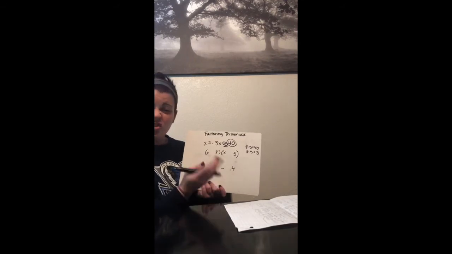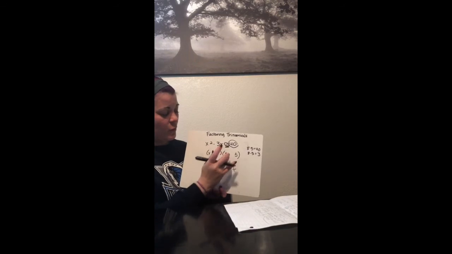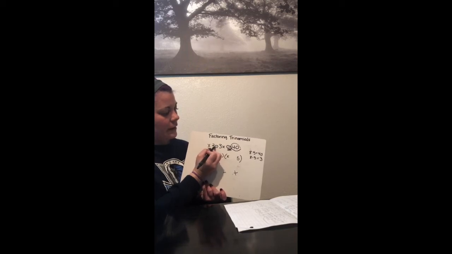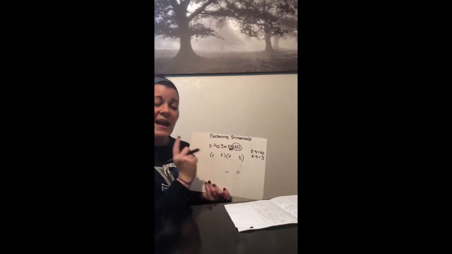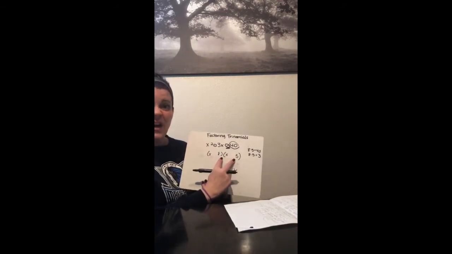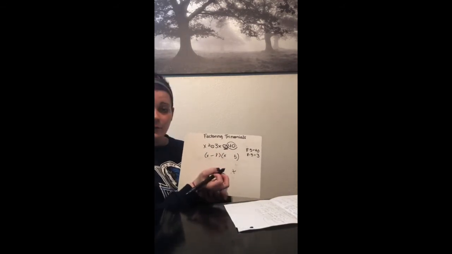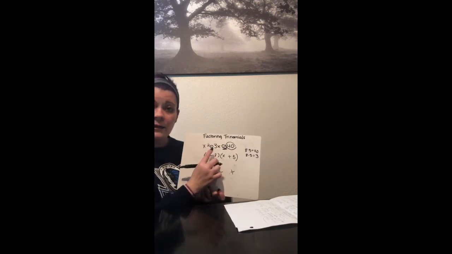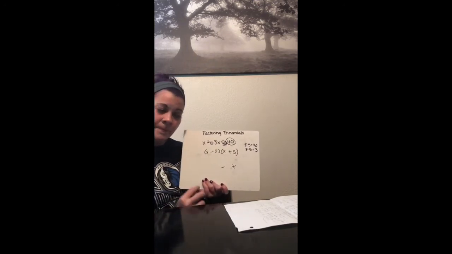But then to choose which one it goes in, you look at the middle term, and the middle term is a subtraction sign, so my highest number has to have the subtraction sign. So out of 8 and 5, my highest number is 8. So the subtraction sign has to go there because the highest number has to match the middle term.